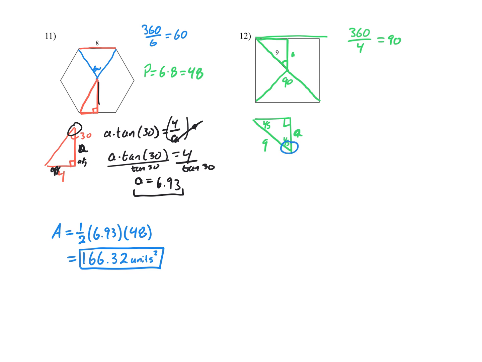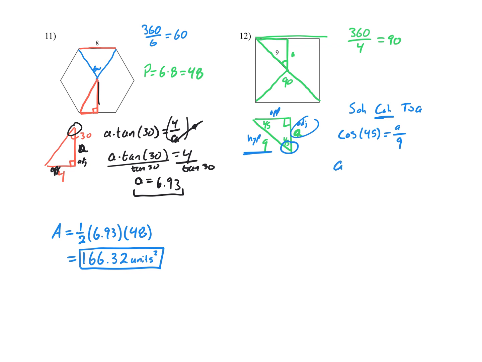So I have this angle, this is the opposite, this is the adjacent, and this is the hypotenuse. SOHCAHTOA tells us that I am looking for the adjacent and I have the hypotenuse, so I'm going to want cosine of 45 is equal to the adjacent over the hypotenuse, which is 9.